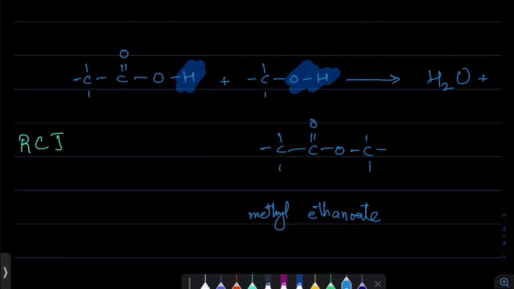Of course. Now, to make isomers, here is a very simple technique that I use when you need to make isomers of any ester. So I'm going to take an example of, let's say I have methyl butanoate. And the examiner says, make isomers of this. Now, obviously, one option is that I start drawing esters and I go crazy doing that. But there's a very easy way of doing this.